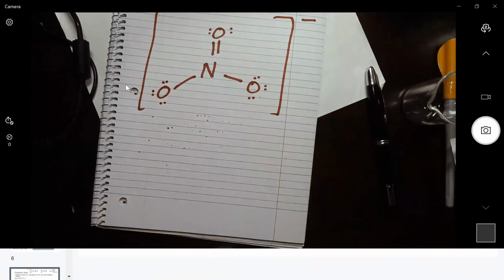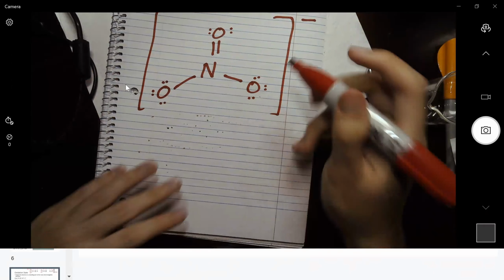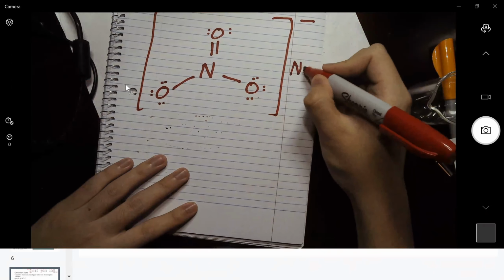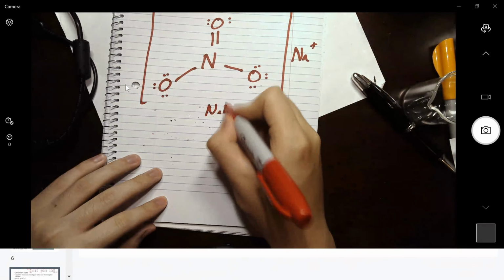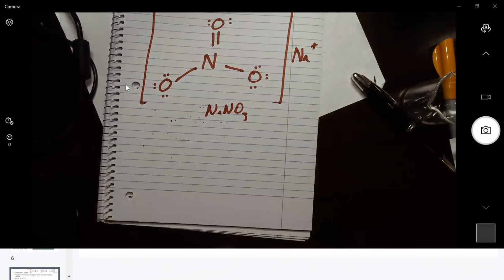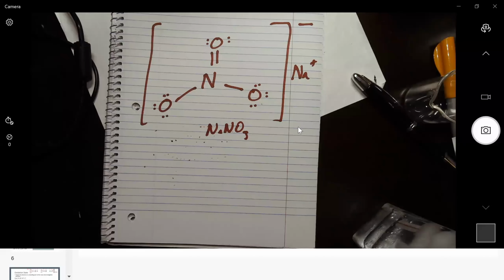So can you determine the oxidation states here? And I'll throw in an Na+. So sodium nitrite, what are the oxidation states? Okay, so can you check again?